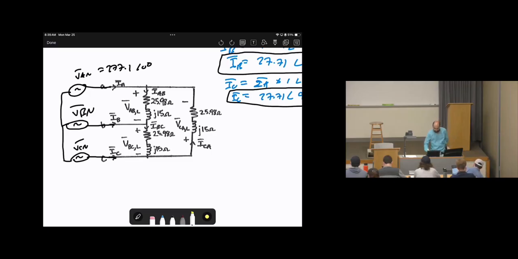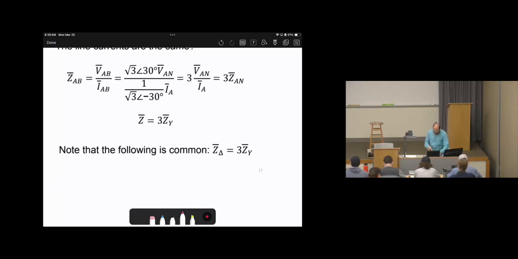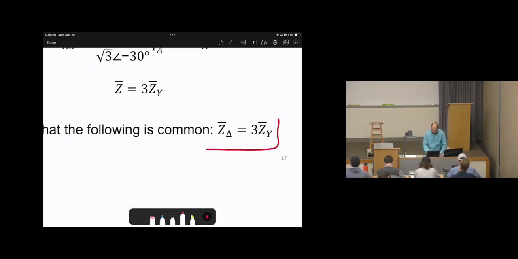The key is, is there a way to convert delta to Y? Yes, there is a way. If you go to the next slide, you will see Z delta equals 3 times ZY, or ZY will be Z delta divided by 3. This is an important formula.